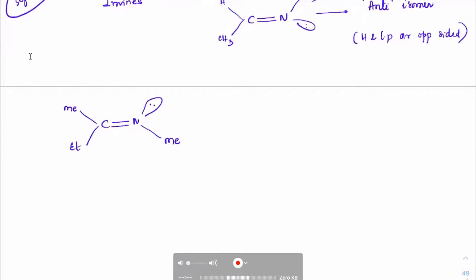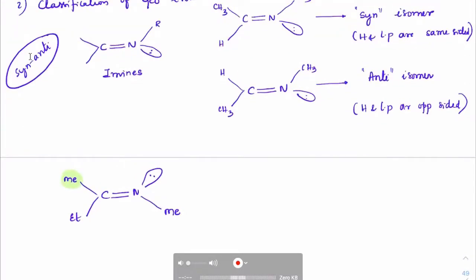Now this time I will see which of these two is the less bulky group. The less bulky group is methyl, and I'll compare that with the lone pair, just like how I compared hydrogen and the lone pair. So the less bulky group, which is methyl, and the lone pair are on the same side, so we call that syn.